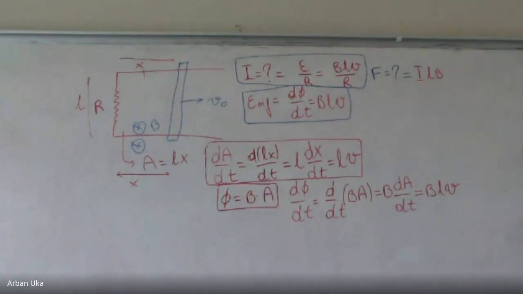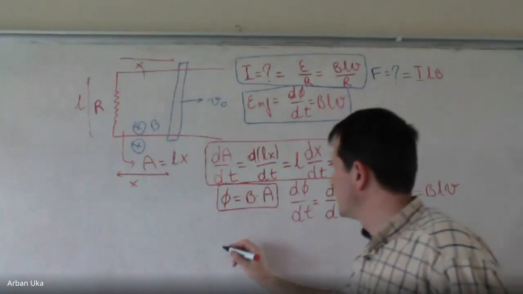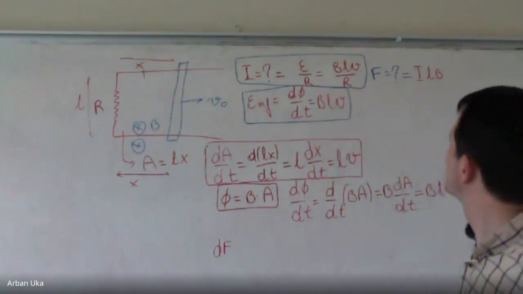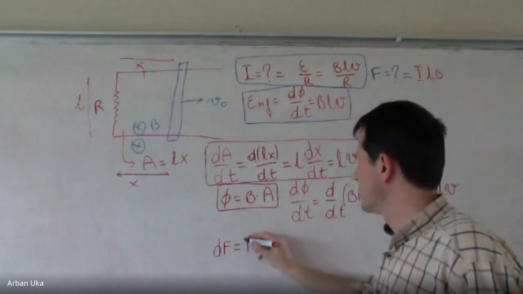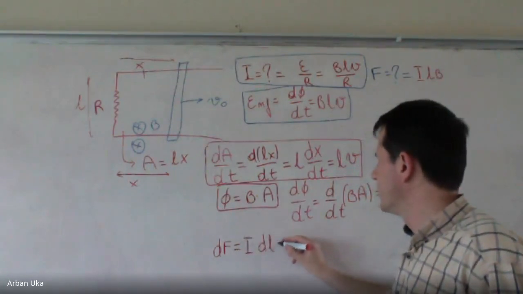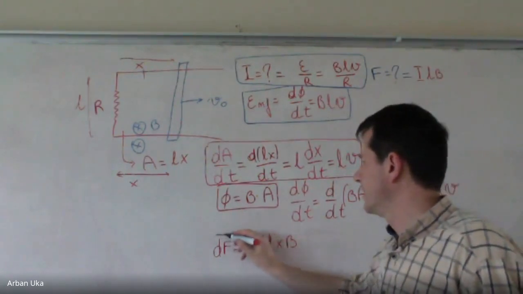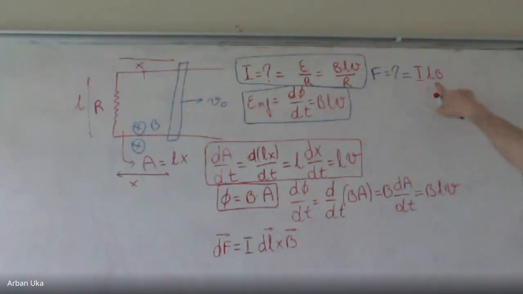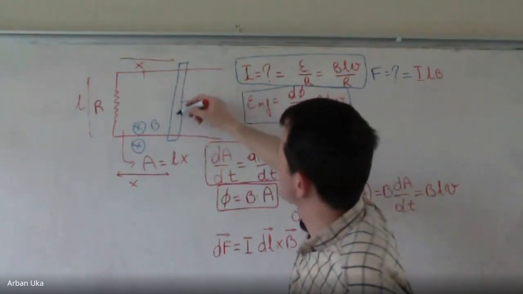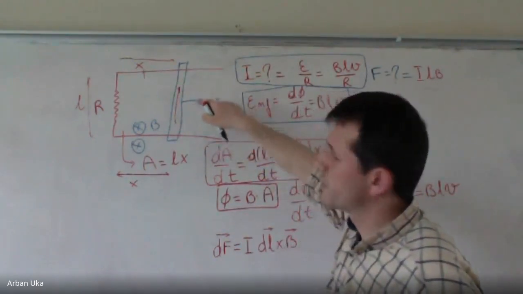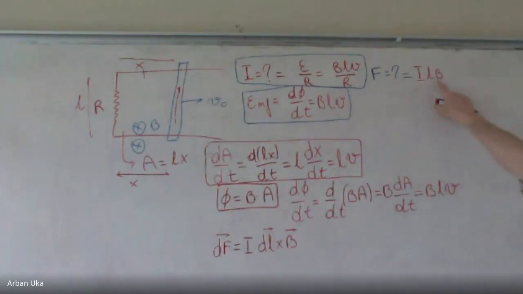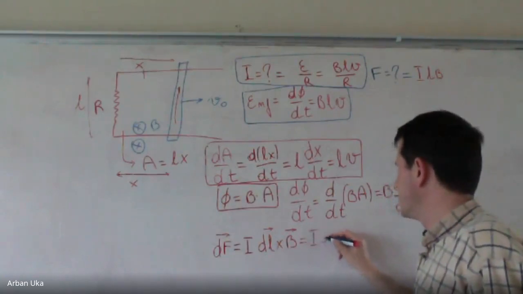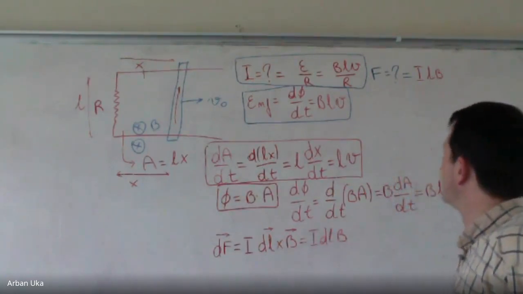Or we can denote it like this: the infinitesimally small force is equal to the current times dl cross B. That is the correct expression, in fact. But since this L is perpendicular to the magnetic field, we can write it like this: ILB.